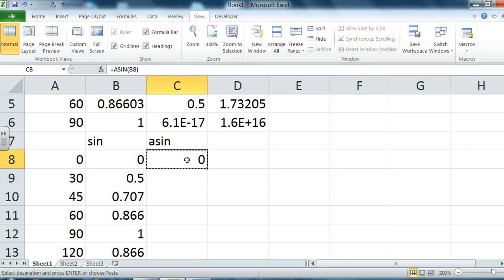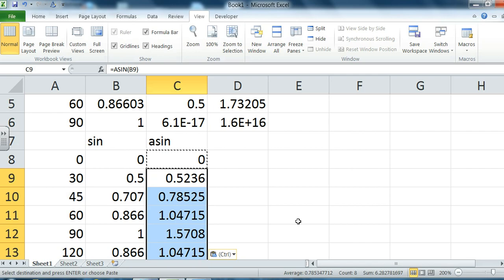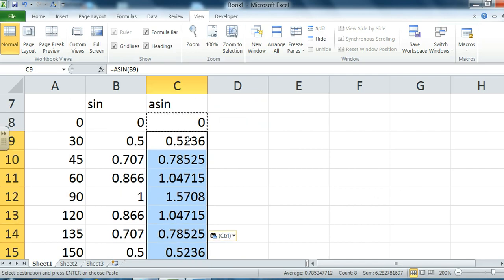I copy, and I paste them down here. And wait a minute, I'm supposed to be getting 30 back. I'm supposed to be getting 45 back. The problem is the arc sine function is giving me my answer in radians. Okay, well that's fine.